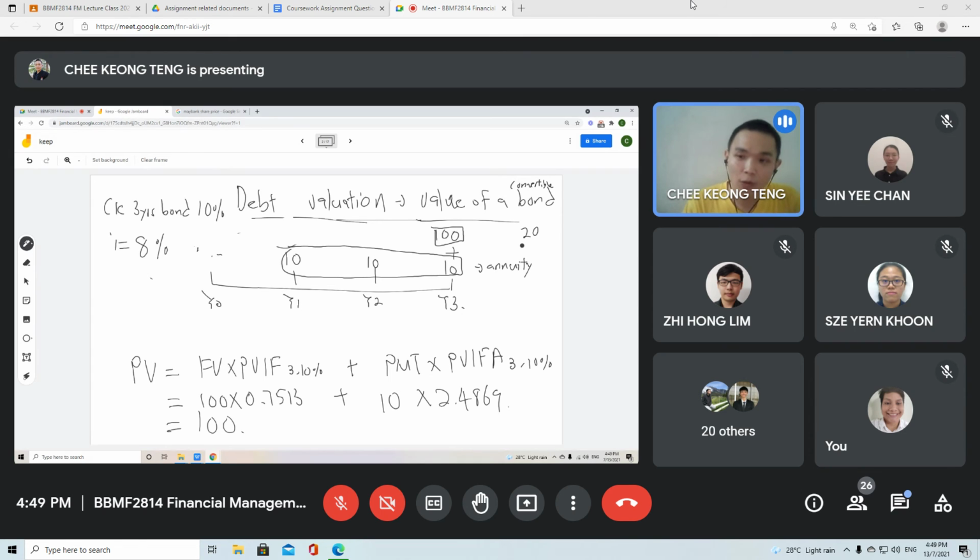And at that moment, one share is 6 ringgit and it's 120, which means at the end, at year 3, you can select, after you get the 10 ringgit interest, either you let the company redeem your bond, you get back only 100, or you don't let the company redeem the bond. You convert your bond into 20 shares, which based on the share price at that time is 120.